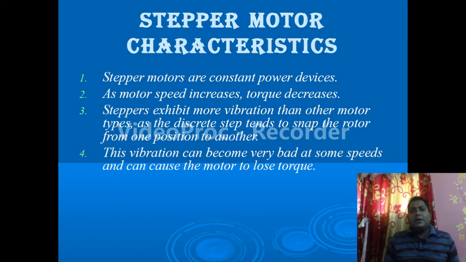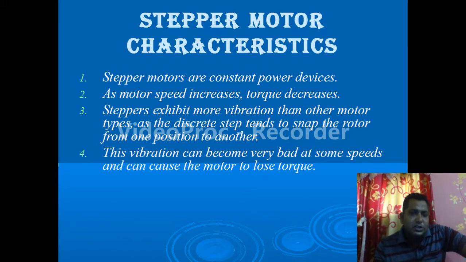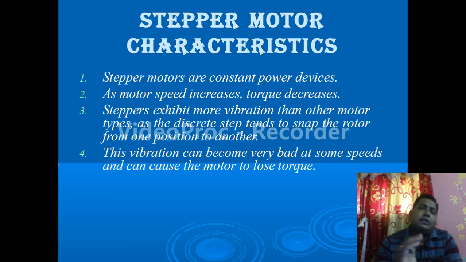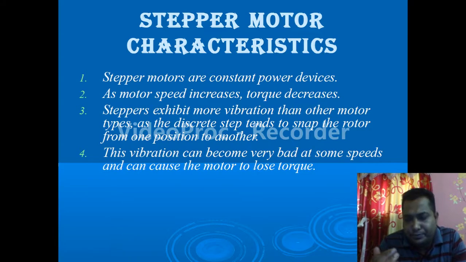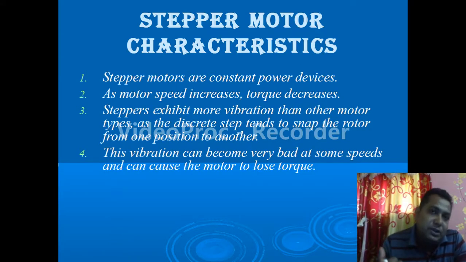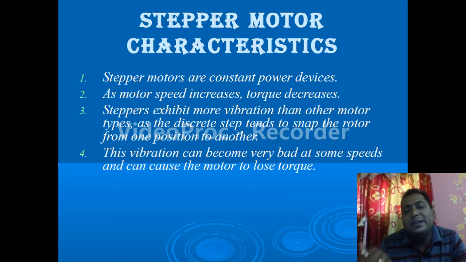Say when we give the first pulse, it rotates 10 degrees. When the next 2 or 3 pulses are given, it rotates 60 degrees. So that means it is not a constant step; it does not always move in a constant step, it moves in discrete steps.